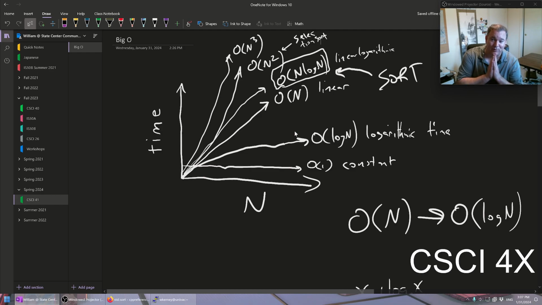Trust me, you cannot do sorting faster than order n, because at some point you have to touch every element in the vector, right? Even just to see if it's sorted already. Like bubble sort, best case, has order n time, because bubble sort will just go through the whole vector and be like, oh, it's sorted already? Done. So bubble sort is really good if you're sorting a sorted vector.